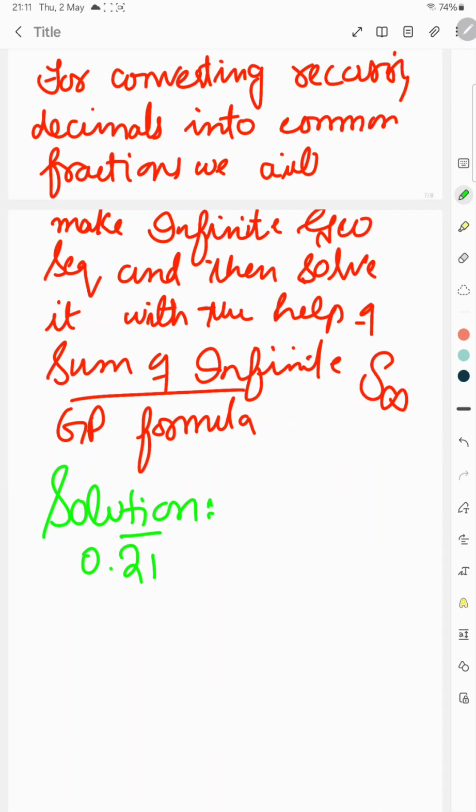Okay student, so here the decimal 0.21 bar is given and we have to convert it into a common fraction, and for this our first step will be that we convert this recurring decimal into an infinite geometric sequence, and then we will use the infinite geometric formula to solve.